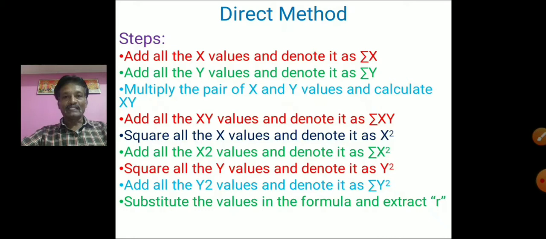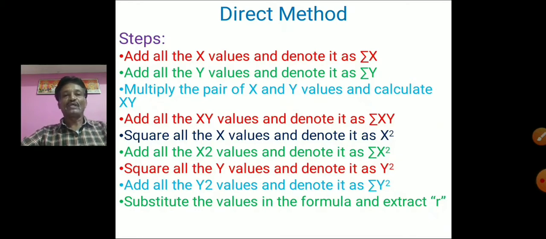After calculating the x square values, you add all the x square values, and it is denoted by sigma x square. In the same manner, we calculate the square of the y values and enter them in the column y square. Then after calculating the y square values, you take the sum of the y square values, denoted by sigma y square.